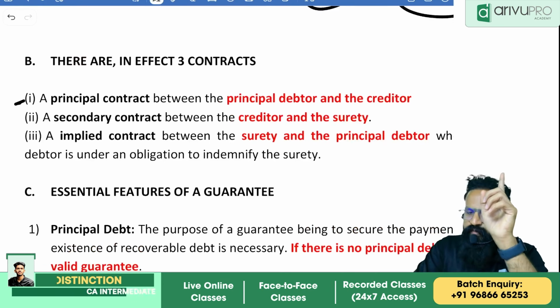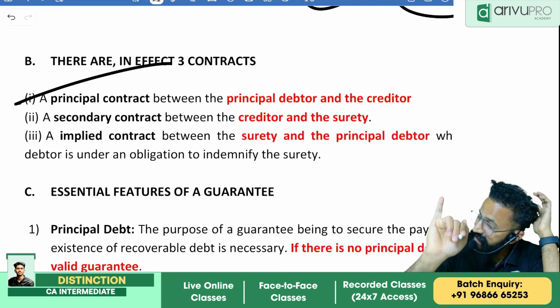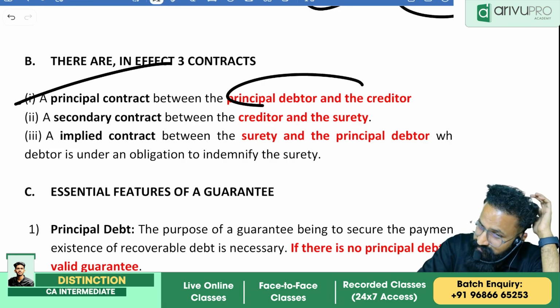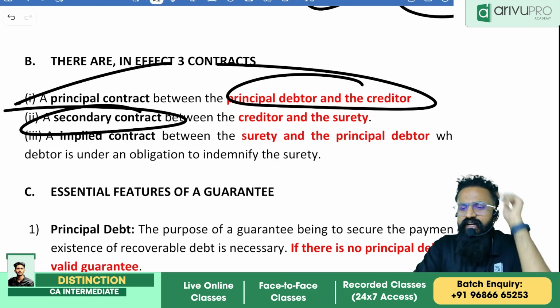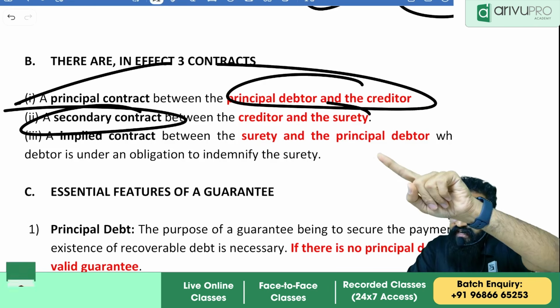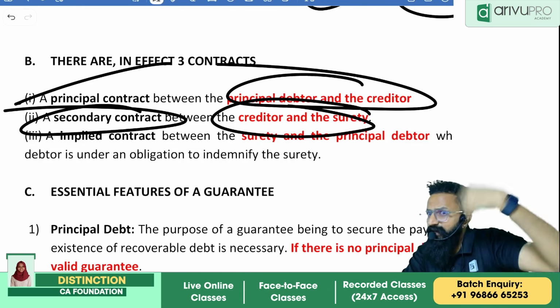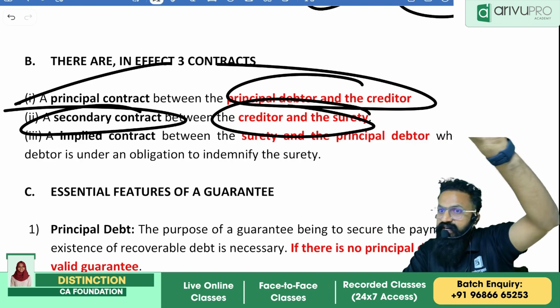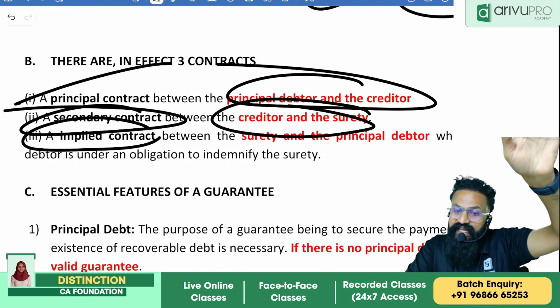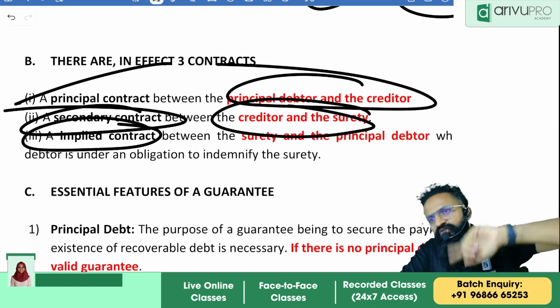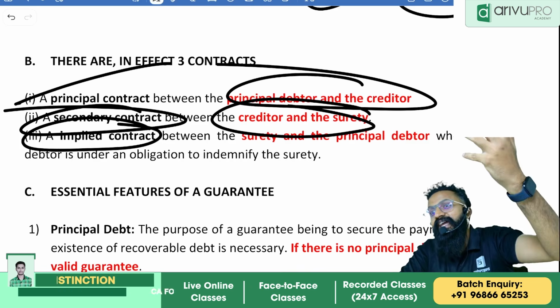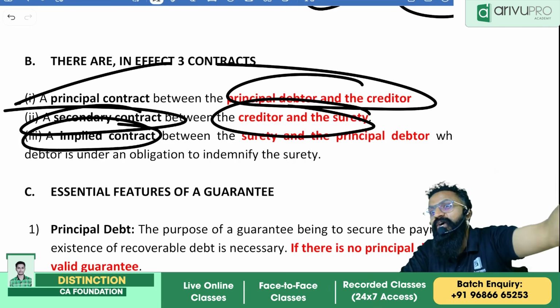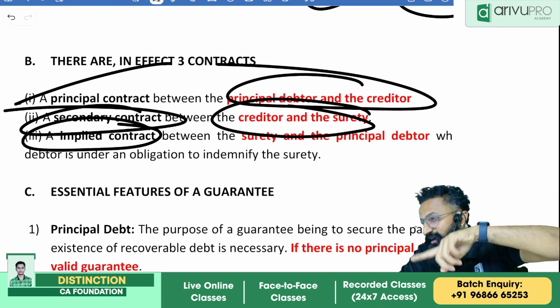One is called the principal contract between the creditor and the debtor. There is a secondary contract between creditor and surety: if he doesn't pay, I will pay. Third, there is an implied contract between surety and the principal debtor saying if I pay, I have a right to recover.